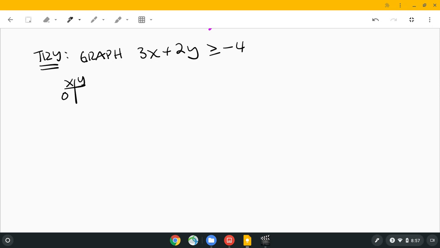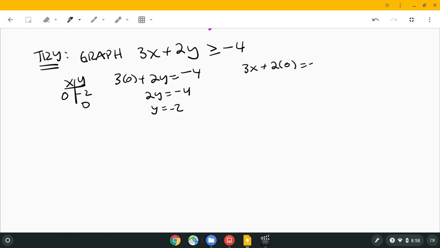I'm going to choose 0 for x. 3 times 0 plus 2y equals -4. 2y equals -4, y equals -2. Now 0 for y: 3x plus 2 times 0 equals -4. 3x equals -4, x equals -4 thirds, which is the same as -1 and 1/3.